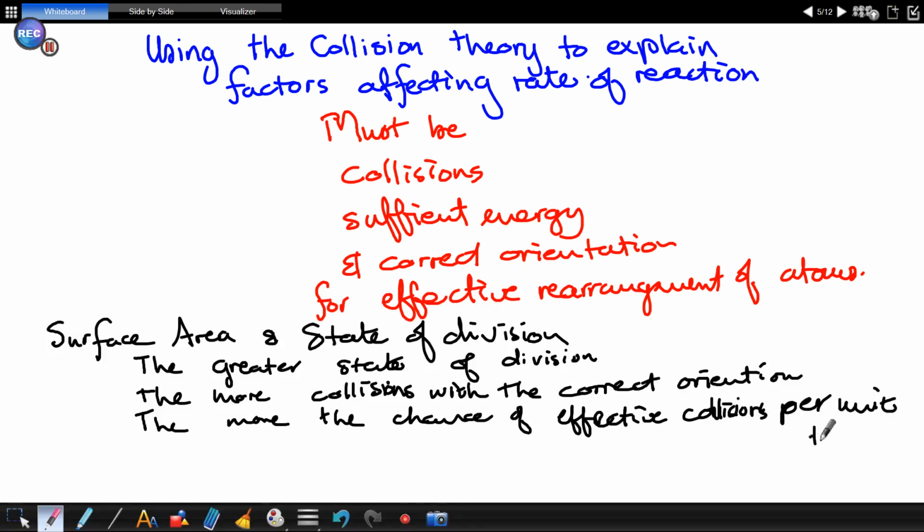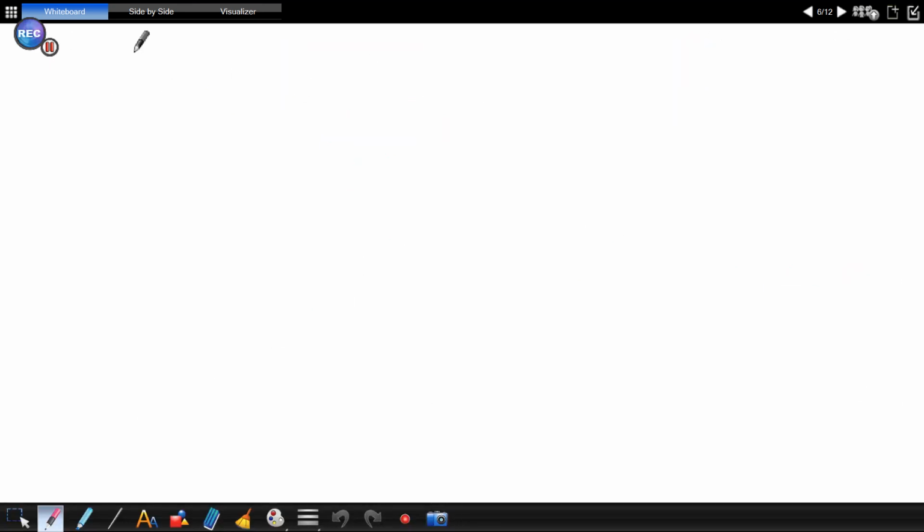Okay, next is concentration. So what can we say about concentration? The higher the concentration, the more particles of reactant will be present.